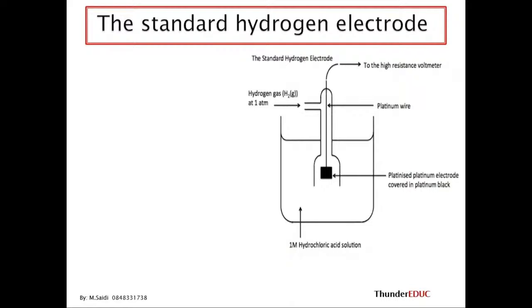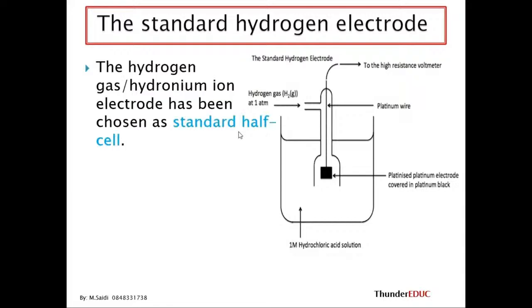Above it means that the cell can continue; below it means that the cell cannot continue. So we are saying that the hydrogen gas, or hydronium ion, electrode has been chosen to be the standard half cell.